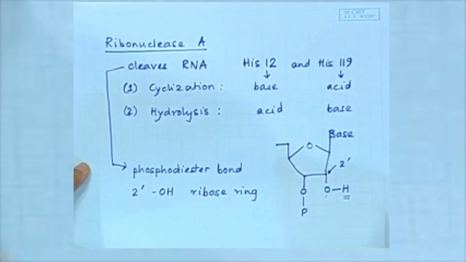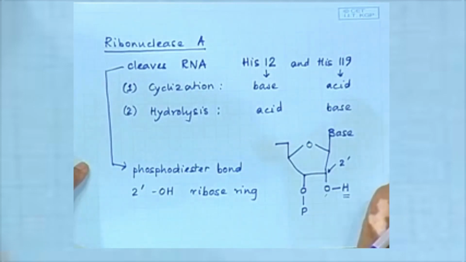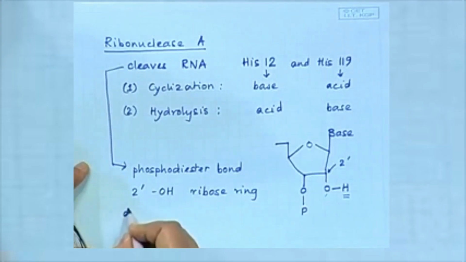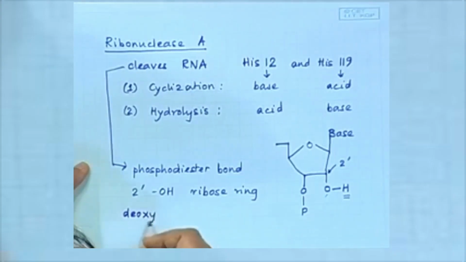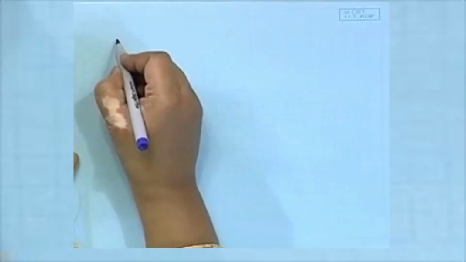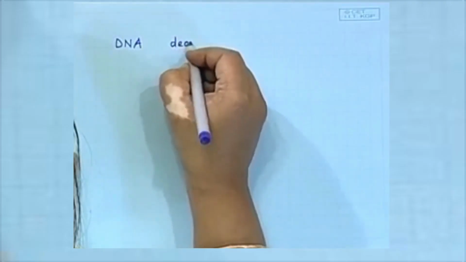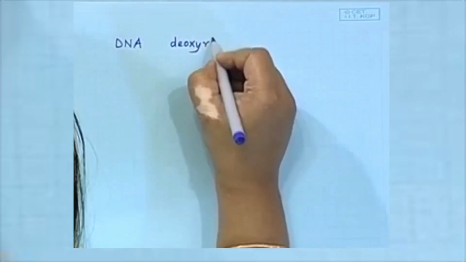Now, if I have what is called DNA, okay, if I want to know whether ribonuclease A is going to cleave DNA, what DNA is deoxyribose. Okay, so what is deoxyribose? If we have DNA, we have deoxyribose.